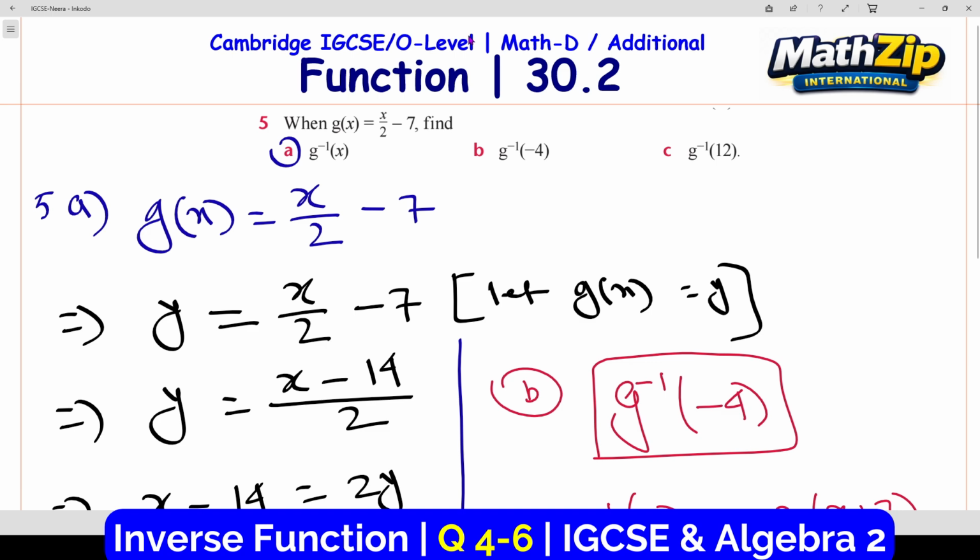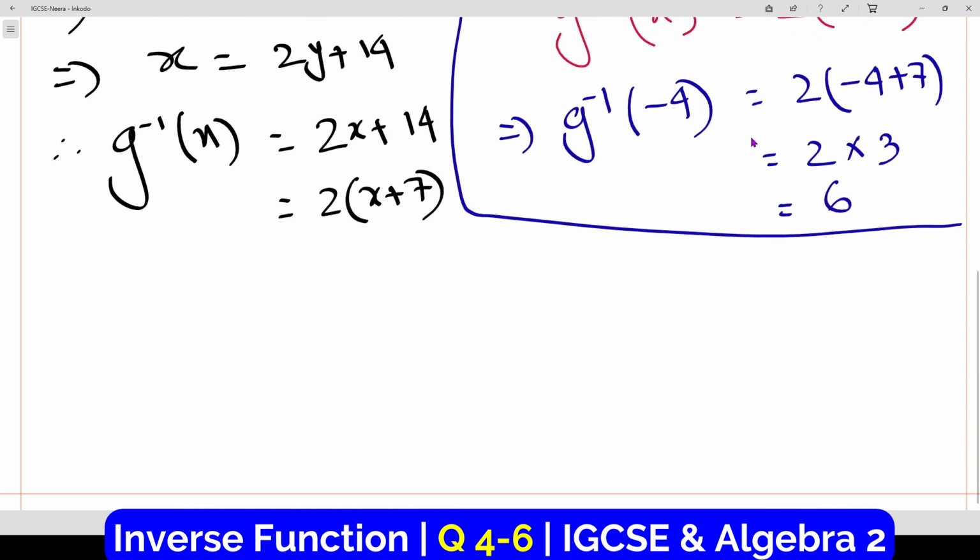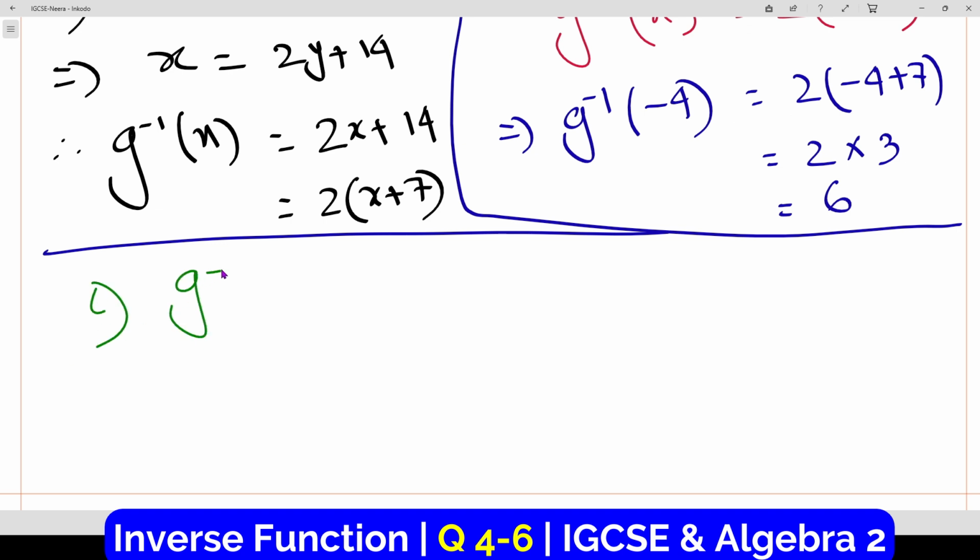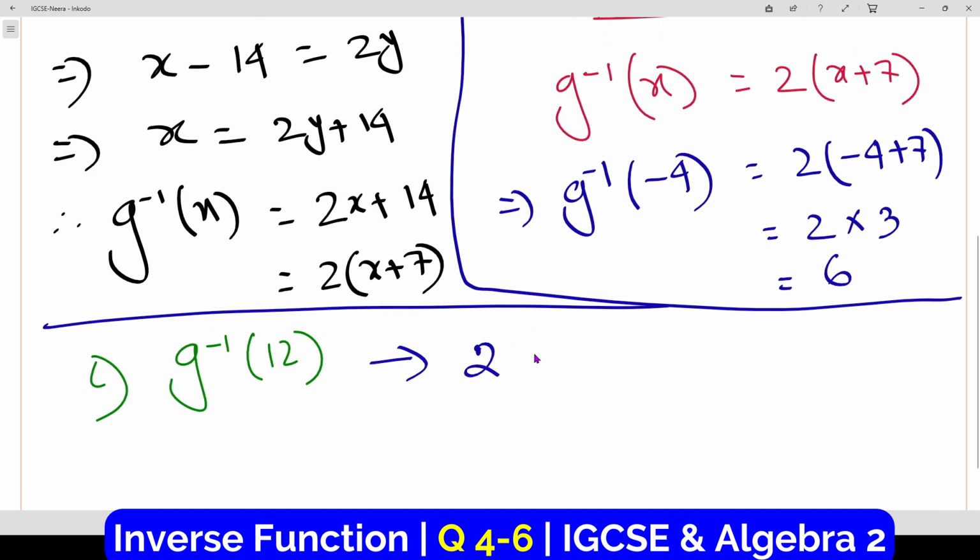What about number C? It's 12. So for number C, here is g inverse of 12. So this one we can write 2 times, and instead of x we write 12, plus 7.